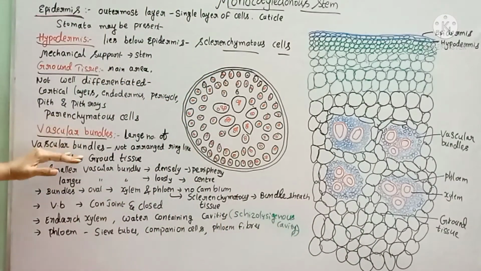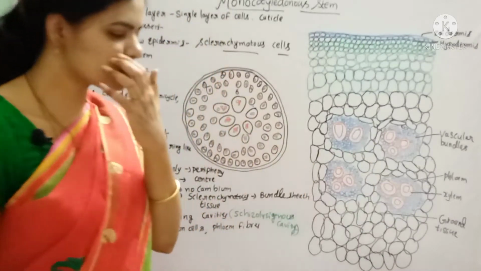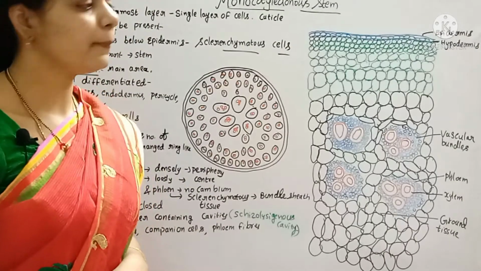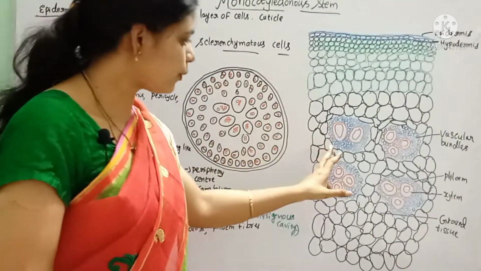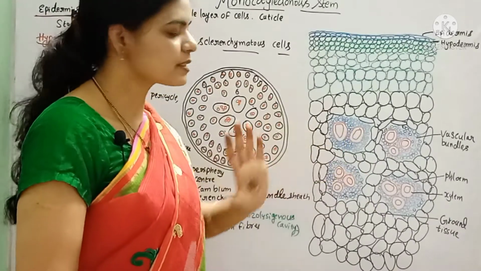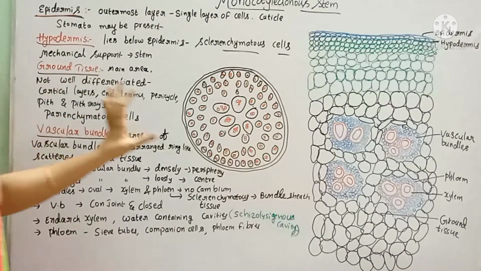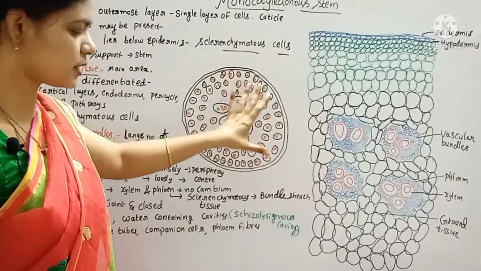And the next part is the vascular bundles. What does a vascular bundle generally consist of? Xylem, phloem and cambium. But in the monocots, there is no cambium. The vascular bundles consist of only phloem and xylem. There are a large number of vascular bundles present in the monocot stem.